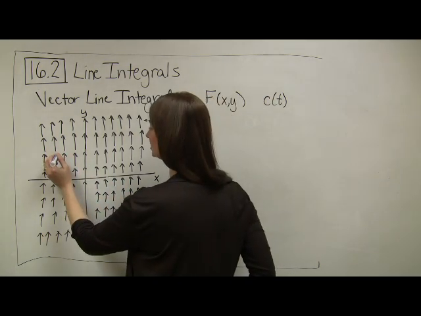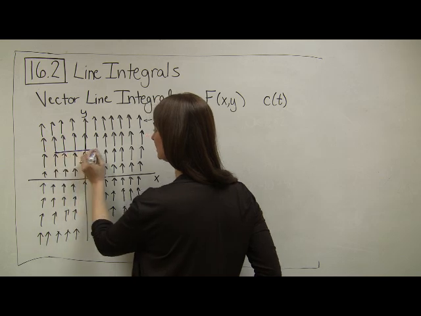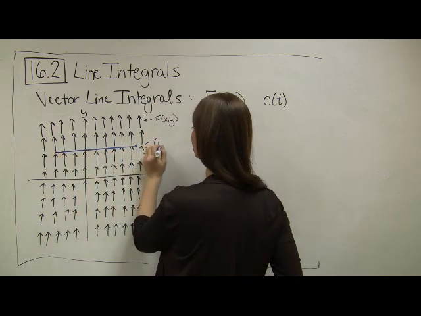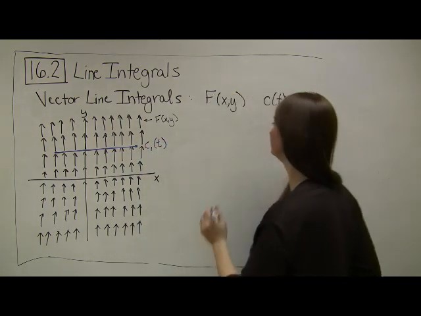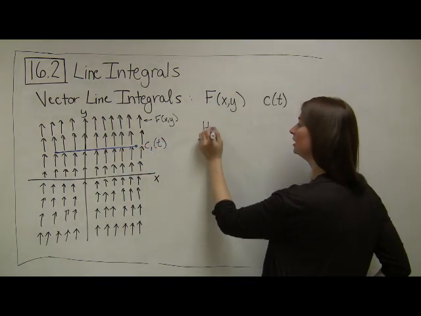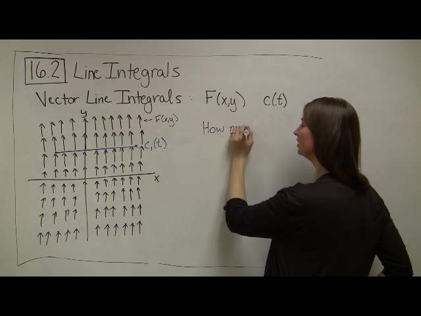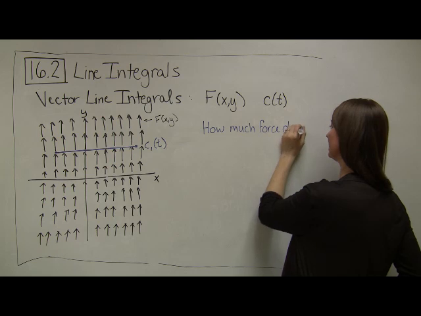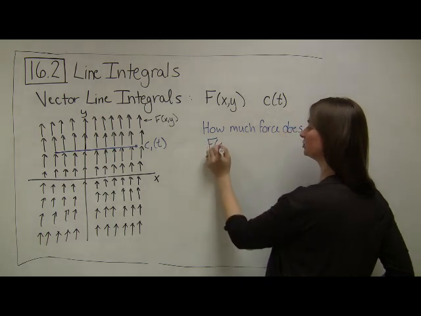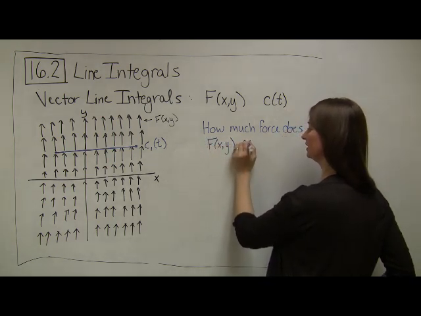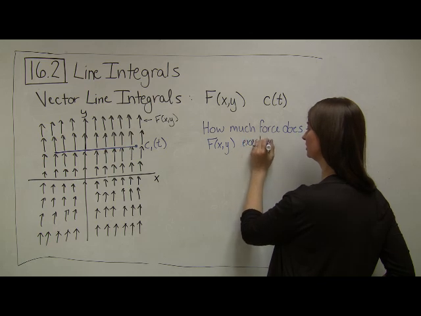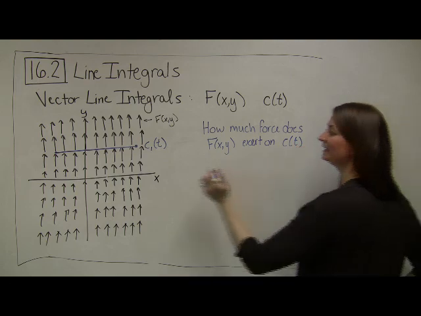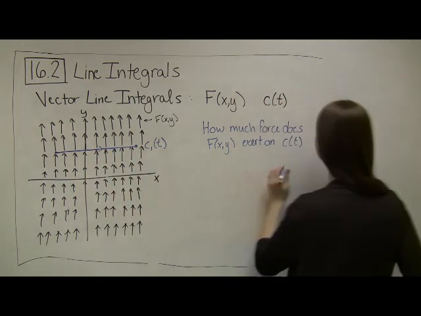As I travel along some path, let's say this blue path c1 of t, I'm asking myself, how much force does my vector field f of x, y exert on my path c of t in the direction of c?